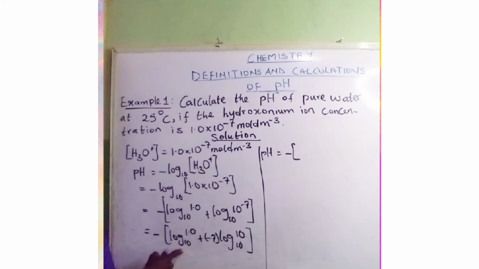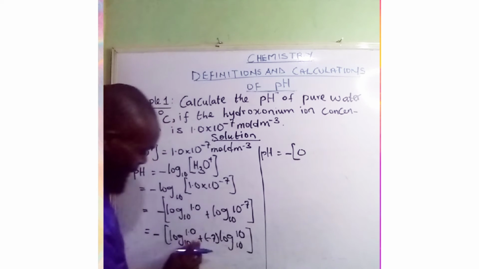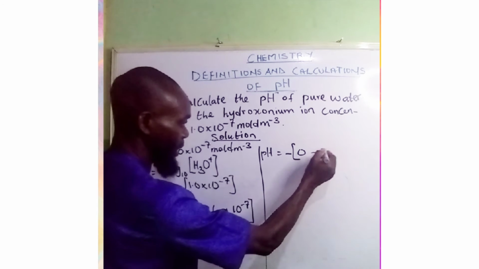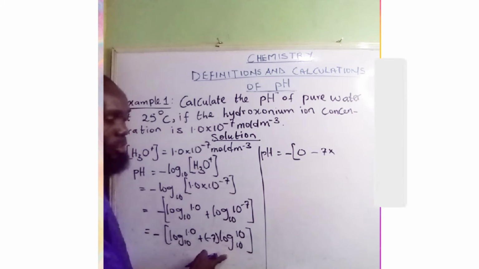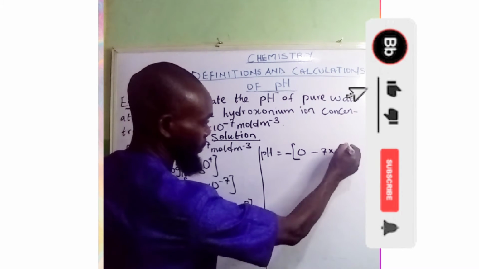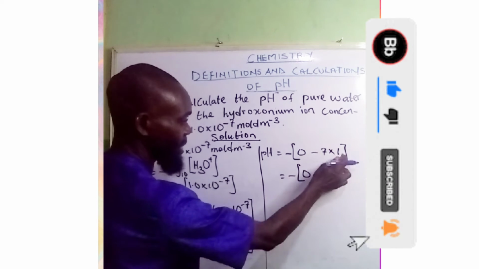When you take your calculating machine and press log 1, because our calculator is in base 10, pressing 1.0 log, we are going to have 0. Then plus minus 7 multiplied by log 10 to base 10, which by the rule of mathematics equals 1.